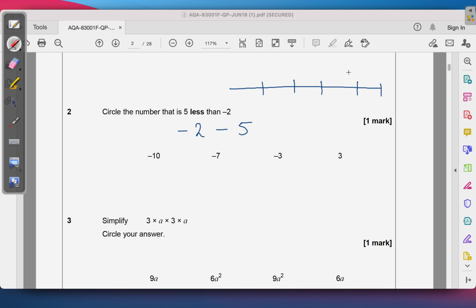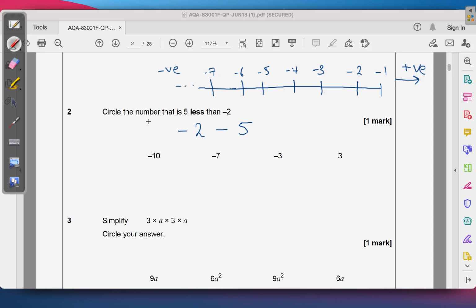Let's say -2 is here. This will be -1, and this is the positive direction, and then this is the negative direction. So this will be -3, -4, -5, -6, -7, and so on.